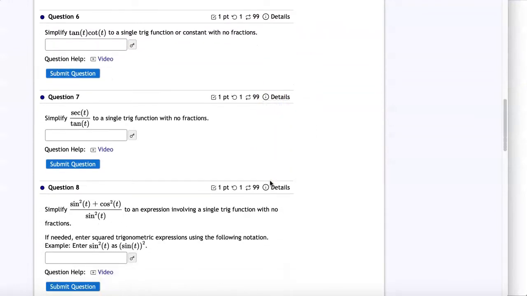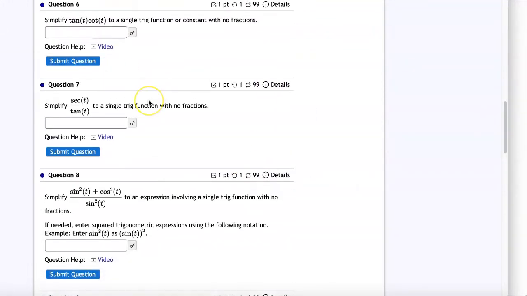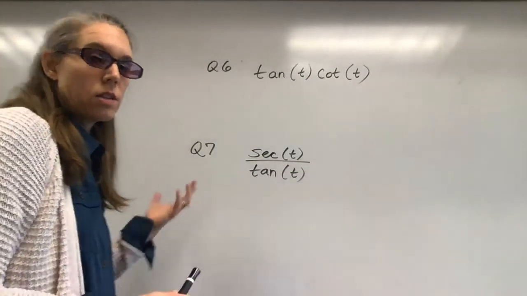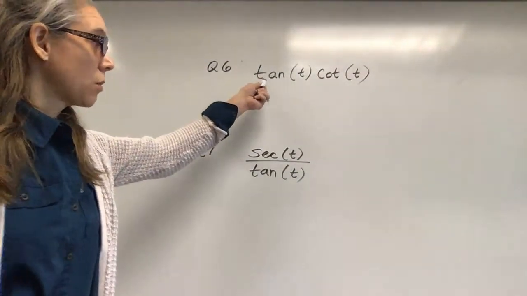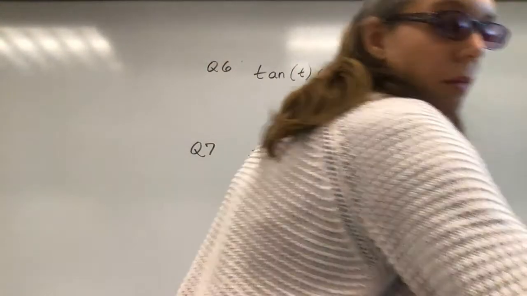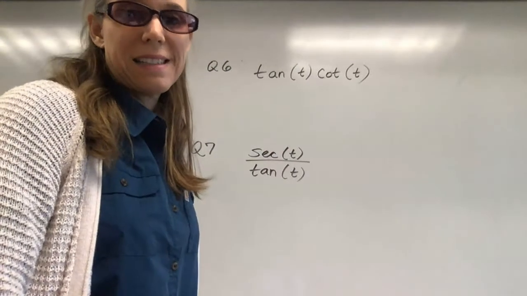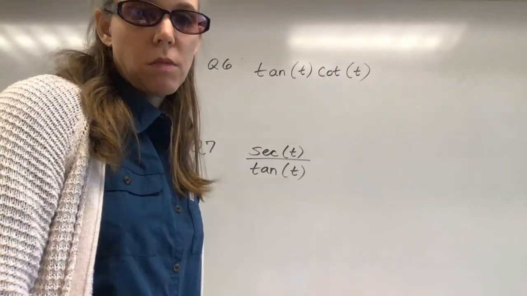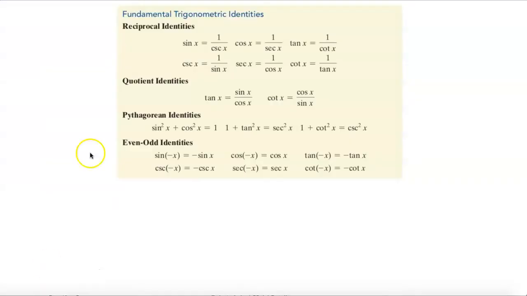Okay, now, number 6. I will be doing both questions 6 and 7 on the board here. What we're going to be doing is taking each of them and simplifying them to a single trig function or a constant with no fractions. So here, question 6, what I want to do is replace either tangent or cotangent with something using one of the fundamental identities. Now, in the fundamental identities, let me flip back to those for you.